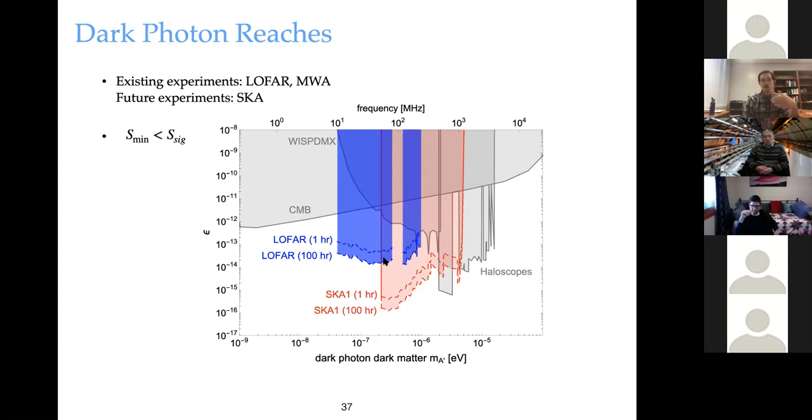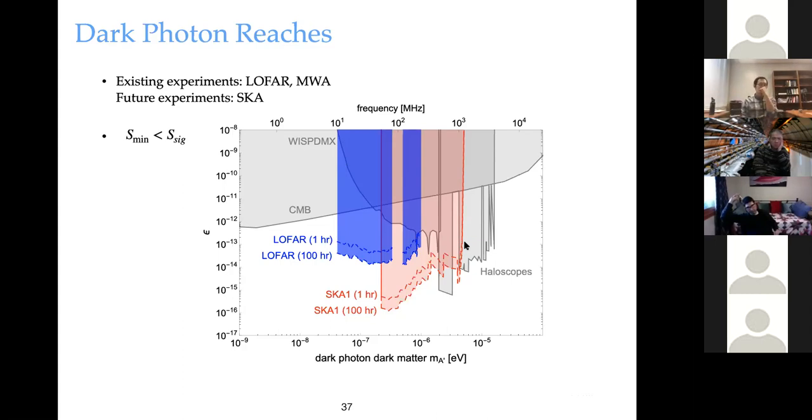Actually, this analysis is very simple, just S min. We compute S min smaller than S signal, then we can get the result. There's a lower cutoff because the experiment cannot go lower, and there's a higher cutoff because, as I told you, there's the absorption which we have to consider. And in the future, with SKA, if they aim at the sun, they can get much better constraints, also covering a different mass range.